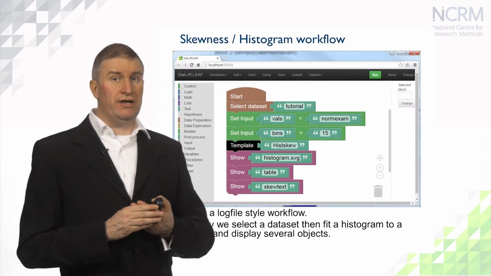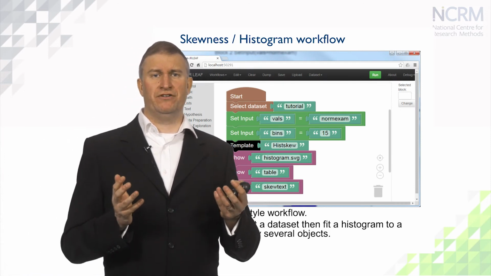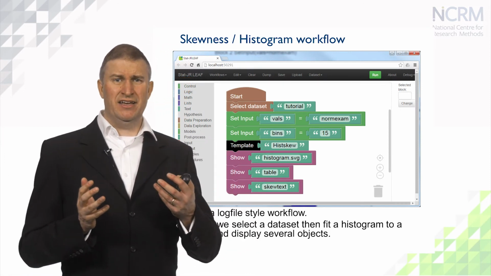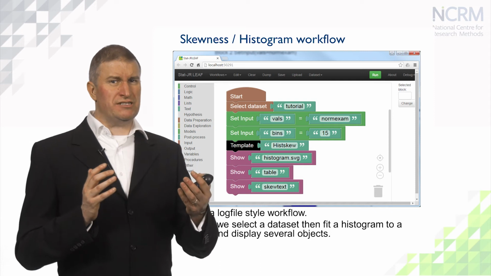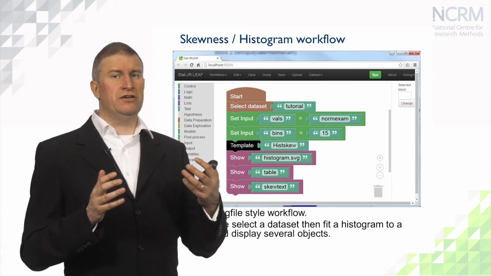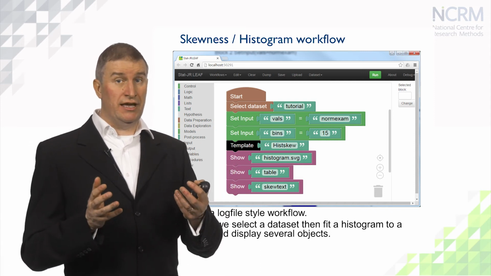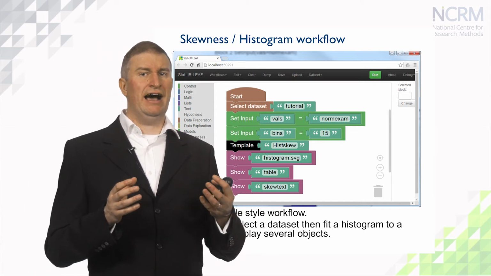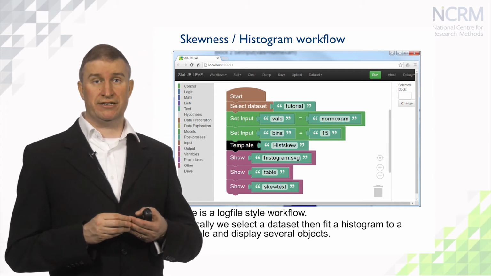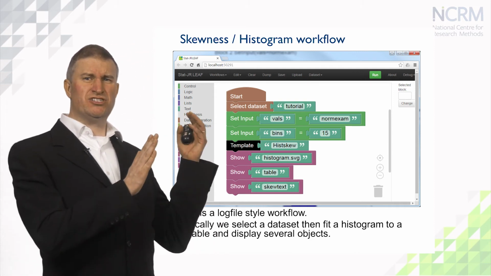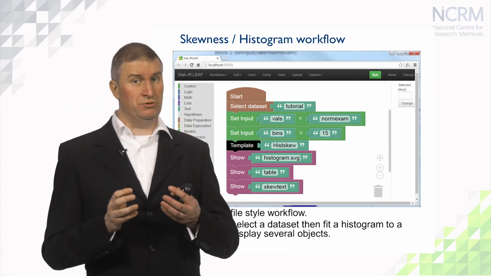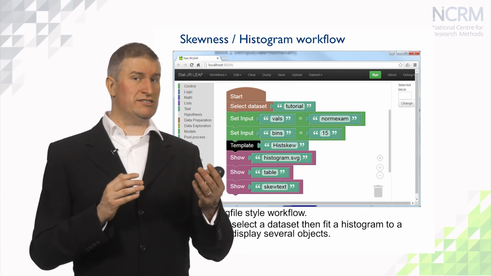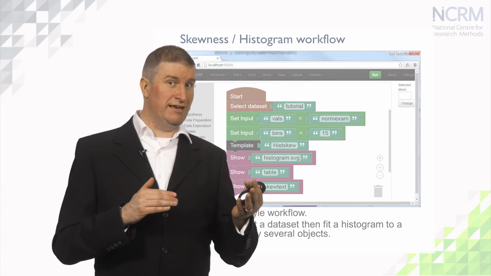We will use this system in our SAAs. Here, for example, is a log file style workflow. Basically, this workflow allows us to select a data set, give some inputs, and then fit a histogram to a variable that we've selected and display several objects. It's a hist-skew template that we're using, so we're going to look at the histogram and see whether it is symmetric or not.